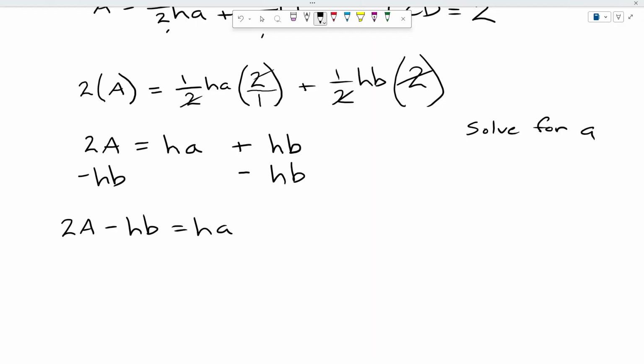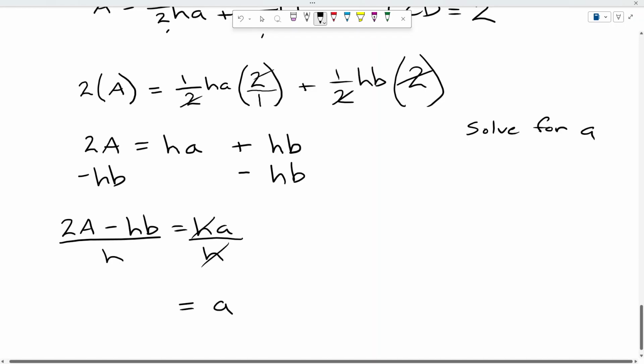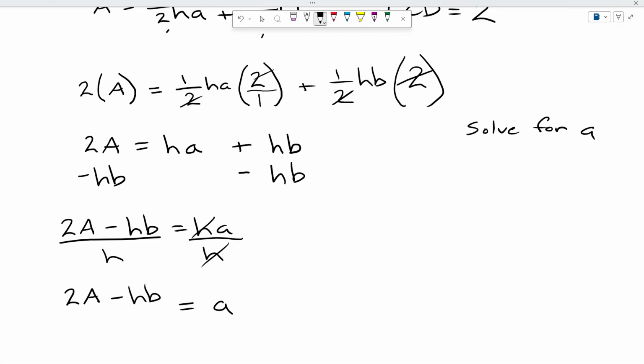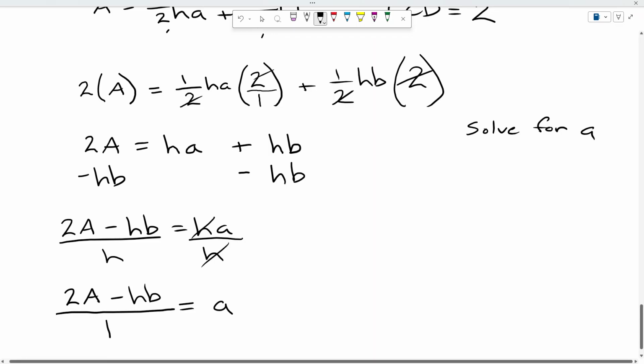Again, don't let it throw you off. What would be the last thing we'd have to do to isolate A? Simply divide out the H on both sides. Those cancel, so we're left with A is equal to 2A minus HB over H. And careful with the H's here, because they wouldn't cancel: this H is attached to the B. That's one piece right there.